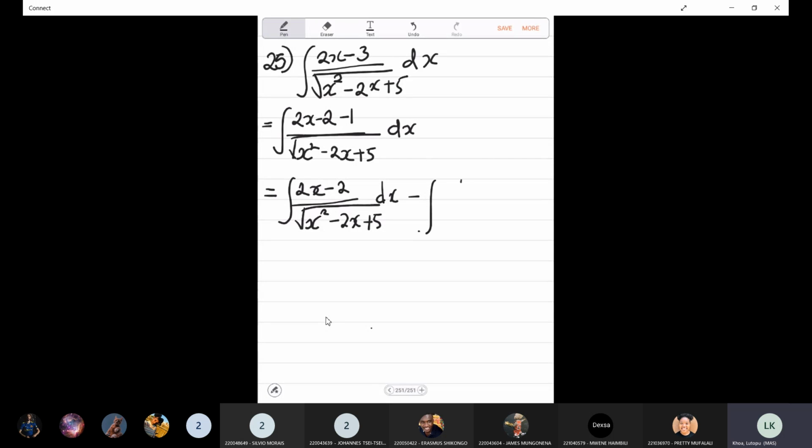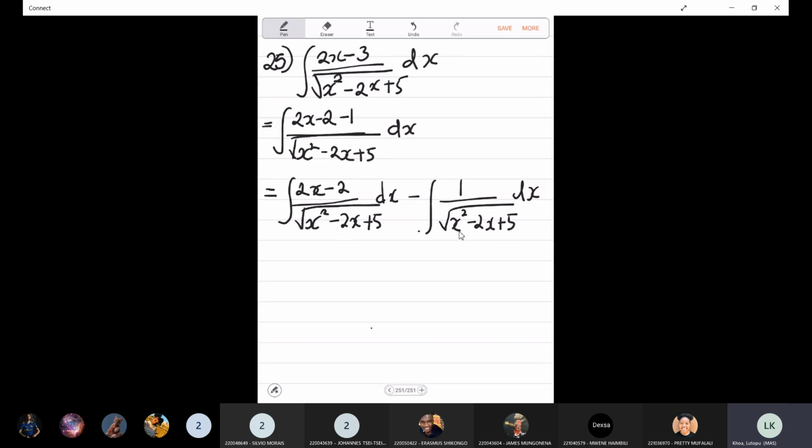And then I have minus 1 over the square root of x squared minus 2x plus 5. This first one we would just integrate as the denominator to the power of minus a half, then add 1 to that and divide by a half as well.